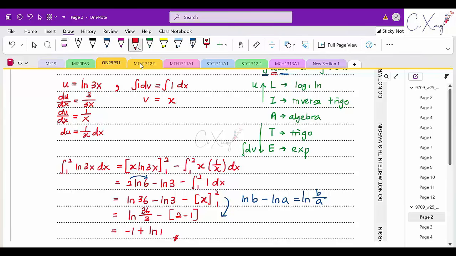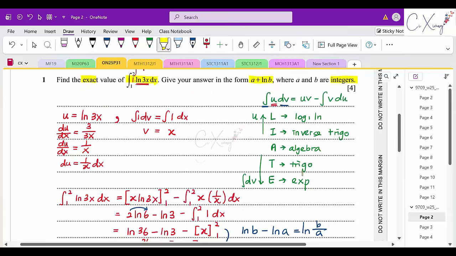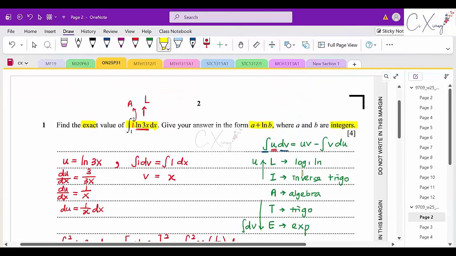They want us to put our answer in the exact form, and the pattern is a plus ln b, right? So a is negative 1, b is 12, and both a and b are integers. So very likely our answer is correct. This is how we apply integration by parts, and I hope that you can understand. This is how we solve question number 1.